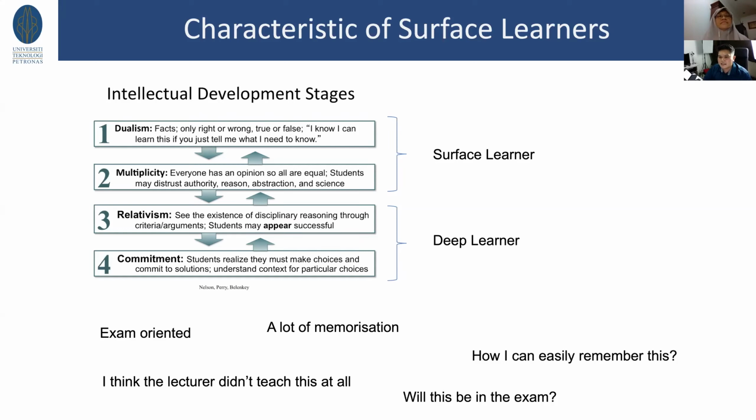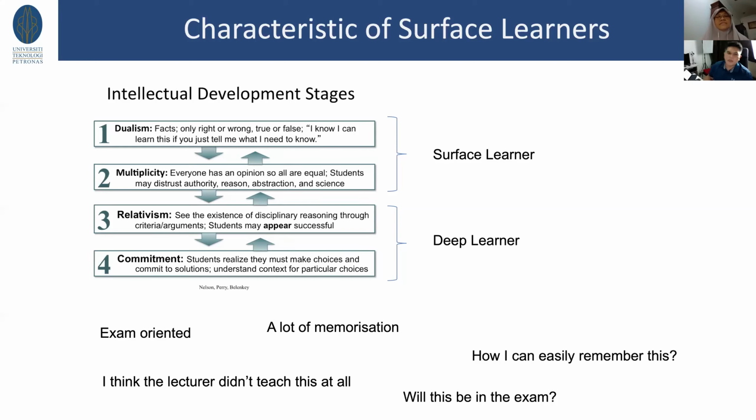These are the characteristics of a surface learner, because they always want to be dependent on you. If they are at the dualism stage, they want only what is right and what is wrong, and they say the lecturer is the source of knowledge.